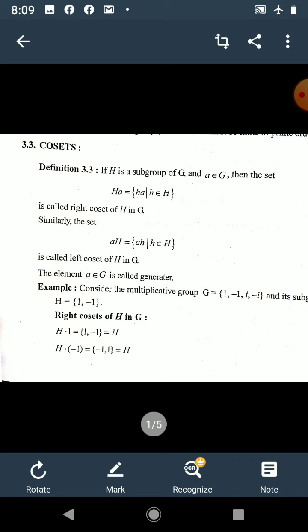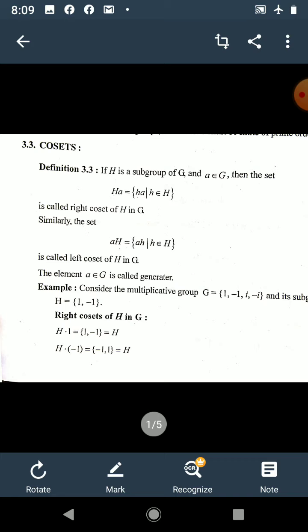And a subgroup means a subset H of a group Z, if it itself forms a group with respect to the same binary operation which is defined in Z. Such a group is called a subgroup.